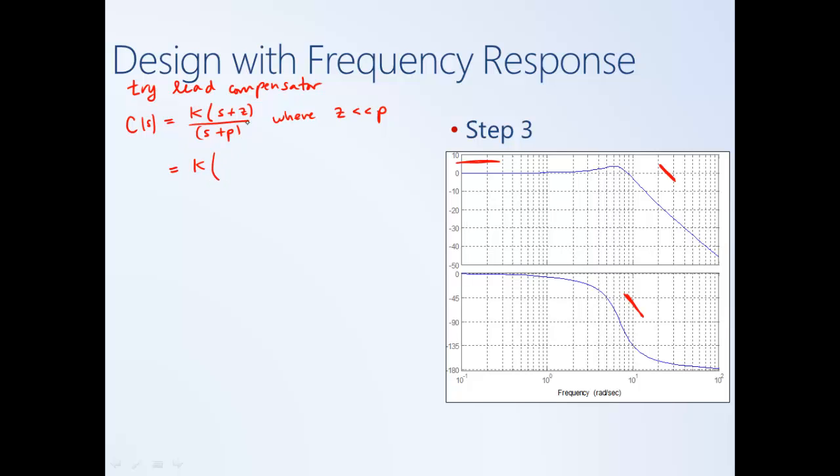So in order to achieve that, I'll factor a Z out of the numerator, and I'll factor a P out of the denominator, and I'll be left with 1 over Z times S plus 1 divided by 1 over P times S plus 1. And now I'll go ahead and draw the Bode plot, where we'll have a magnitude plot versus frequency and a phase plot versus frequency.